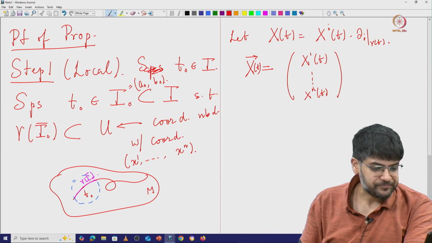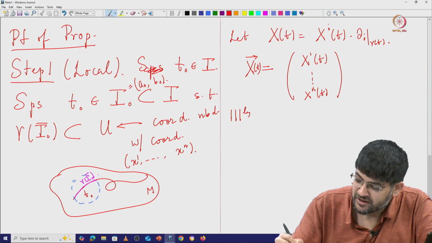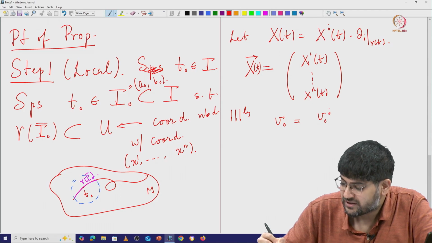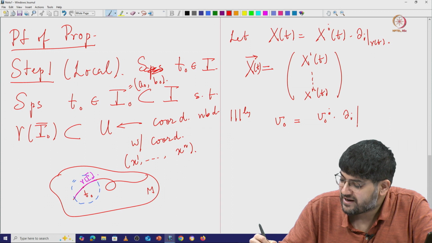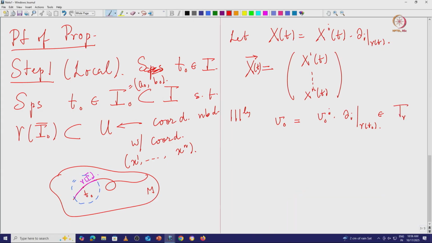Similarly, my vector v0 I can write as v0^i times del i at gamma of t0, because this is in the tangent space at gamma of t0. So again I use the notation that the vector v0 is the column vector given by its components.